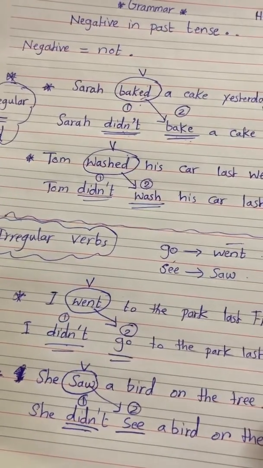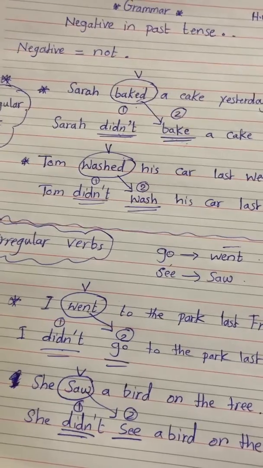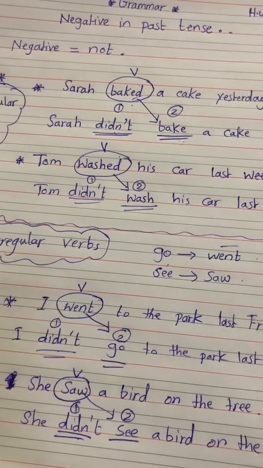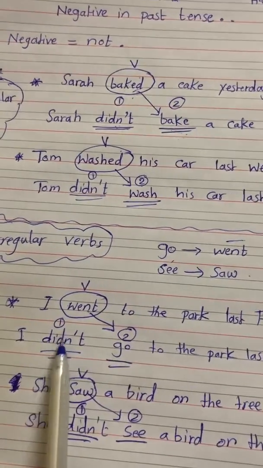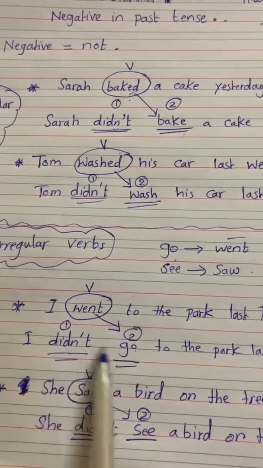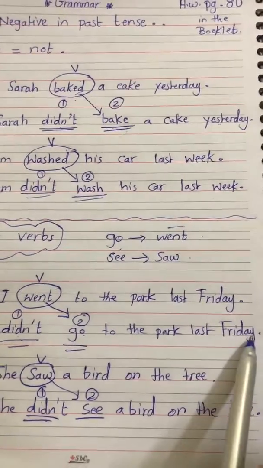So what should I do? I will write the present form. So here, number one, write didn't, then write go. Okay? I didn't go to the park last Friday.